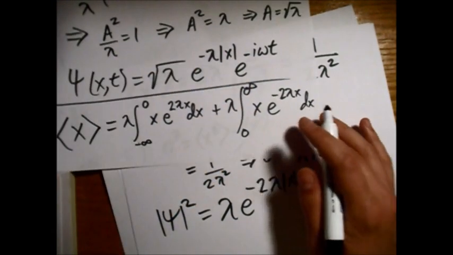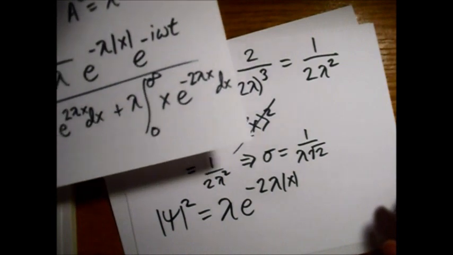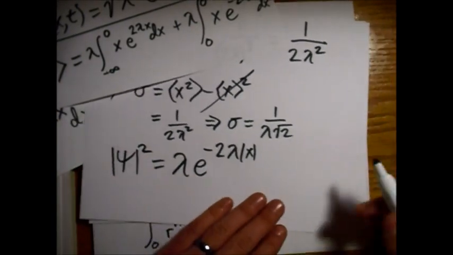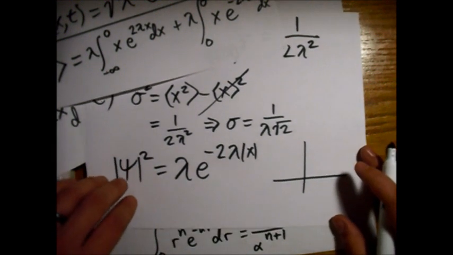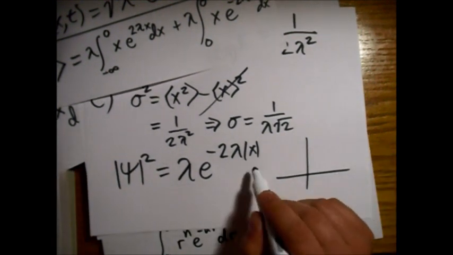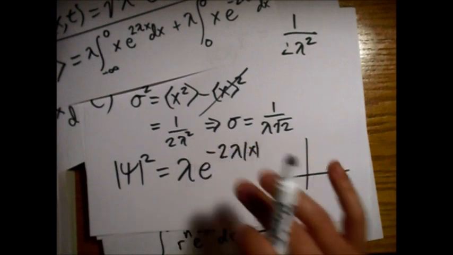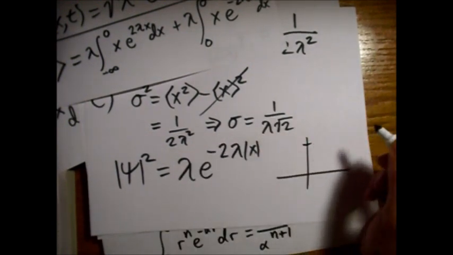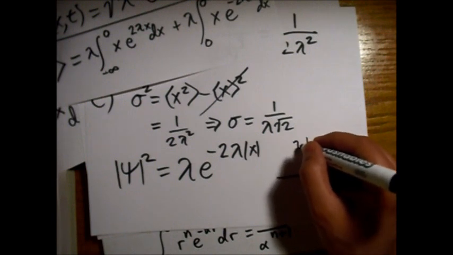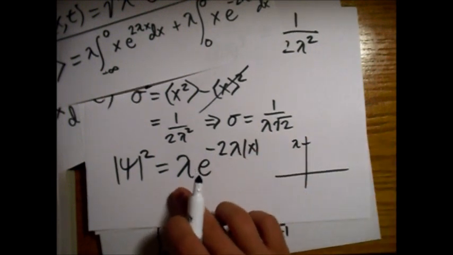And then the phase factor goes away again. Alright, so just draw a quick sketch. When x is equal to 0, this exponent all goes to 1, and we have 1 times lambda.